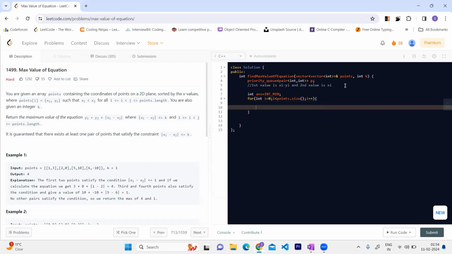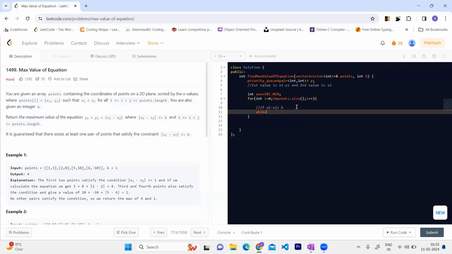So after this, now if xi minus xj is greater than k, then if this condition holds true, we have to remove that thing from the queue, because it can no longer contribute to the answer, which is given in the question itself, right? So at this point of time, we'll directly pop this thing out from our priority queue, p dot pop, right?